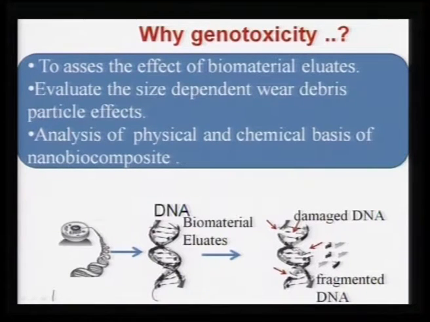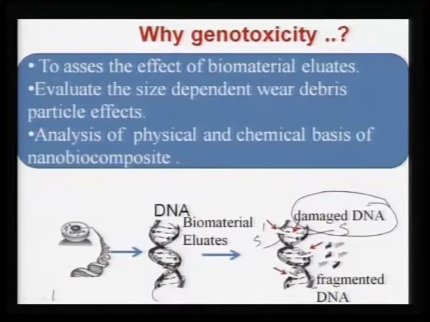There is a strand S and a strand S prime, and S and S prime will not be intact; they will be broken, and therefore it causes damage to the DNA. Once it is damaged, DNA to RNA, RNA to protein synthesis cannot take place. This is known as damaged or fragmented DNA.